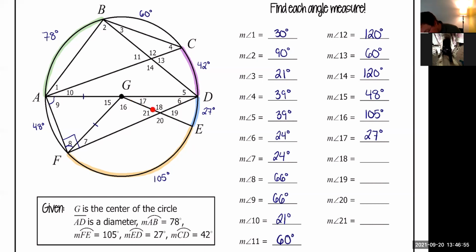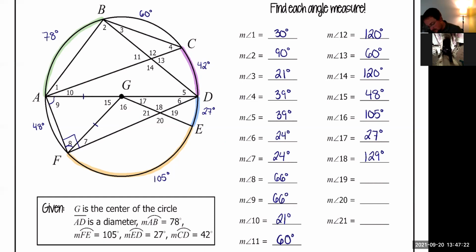So I have 2 of the 3 angles in this little skinny tiny triangle in here. 17 was 27 degrees. 6 was 24 degrees, which is what, 51 degrees total? Yes. If you take that 51 from the 180 that belongs to that triangle, you get 129 degrees.